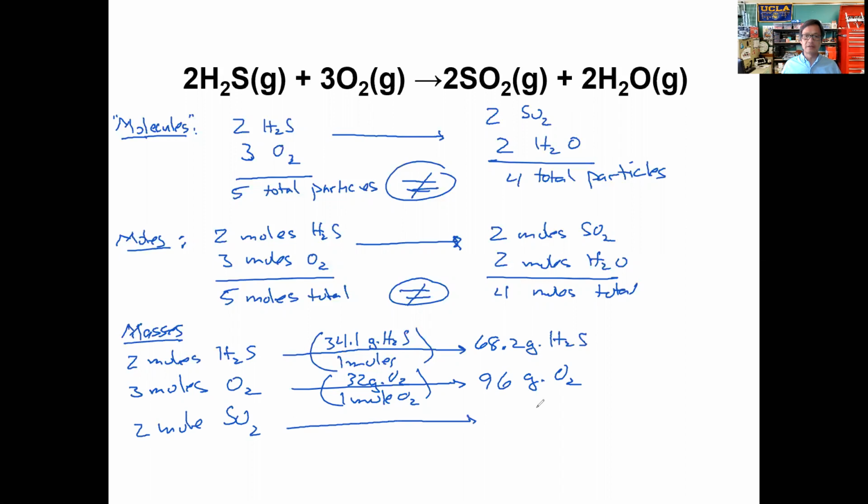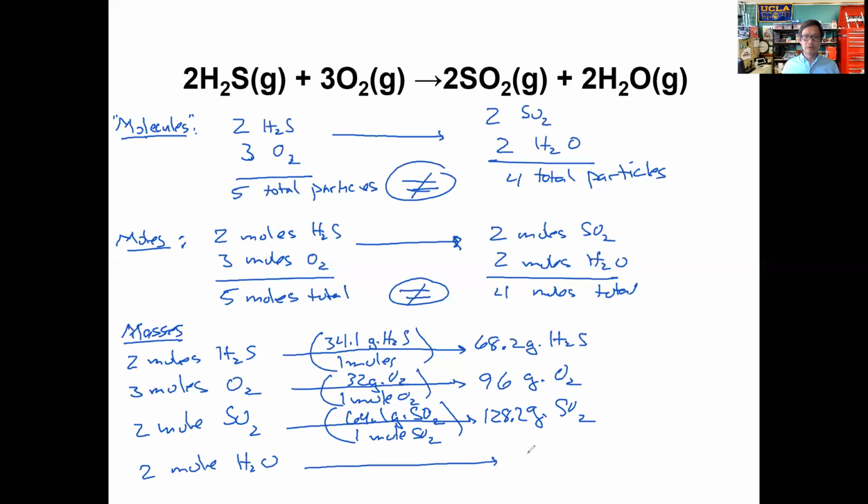We convert that into grams of sulfur dioxide. Here it's 64.1 grams for every 1 mole of sulfur dioxide. We end up here with 128.2 grams.